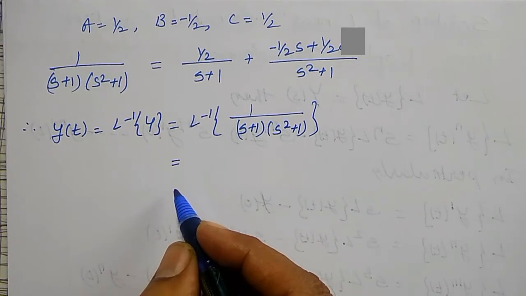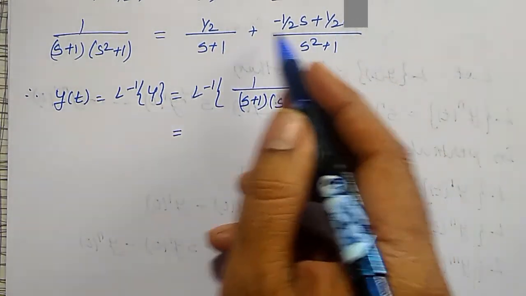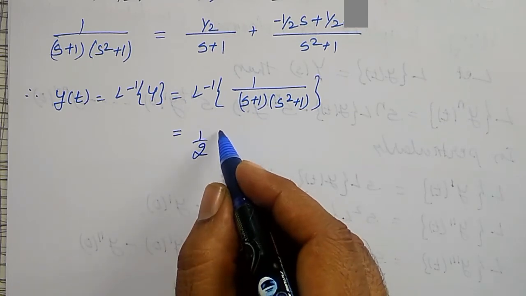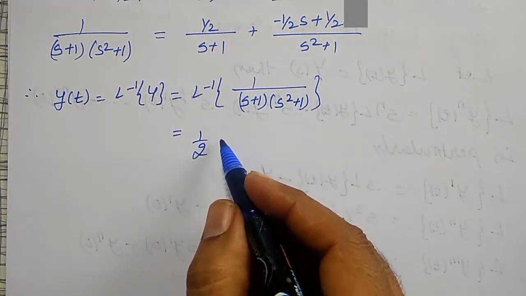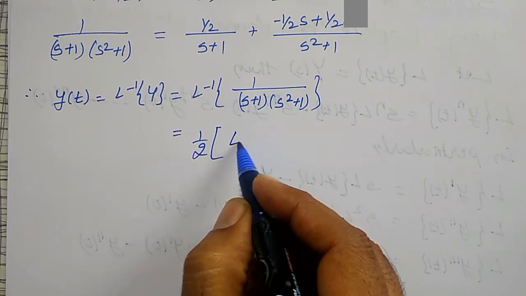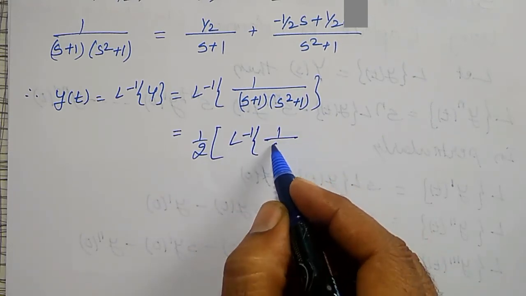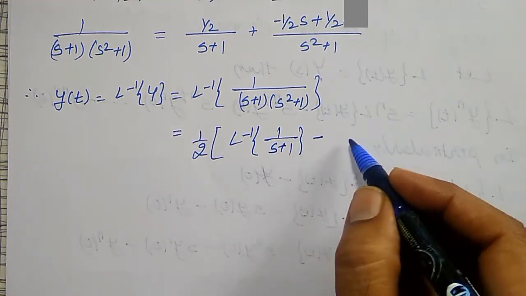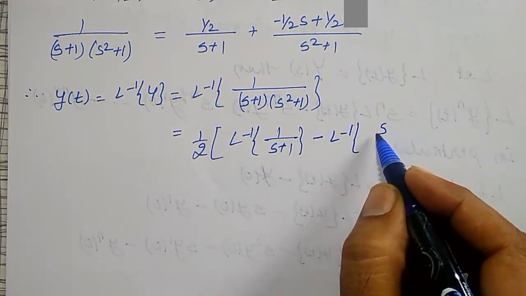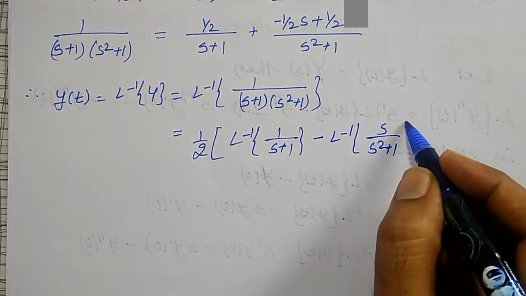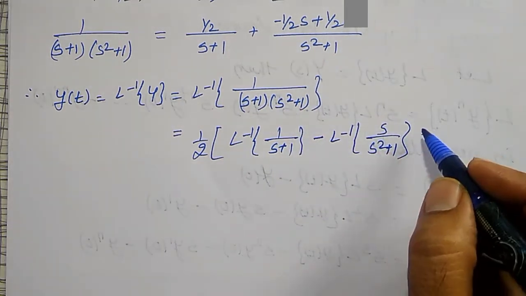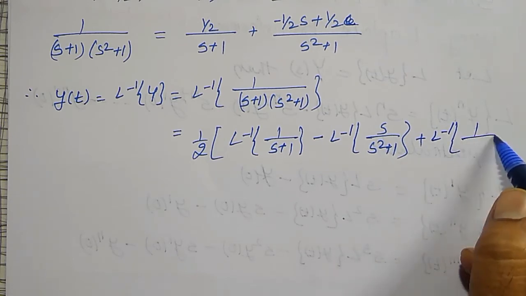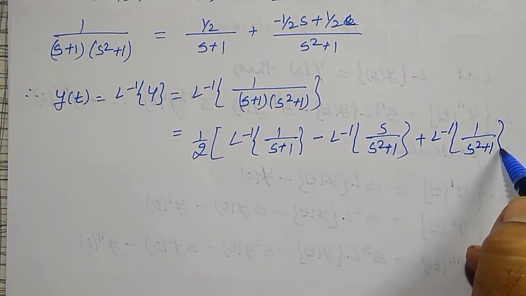I have split it like this: 1 by 2 I can take common from all the terms, 1 by 2 into the inverse Laplace transform of 1 divided by s plus 1, minus the inverse Laplace transform of s divided by s square plus 1, plus the inverse Laplace transform of 1 divided by s square plus 1.